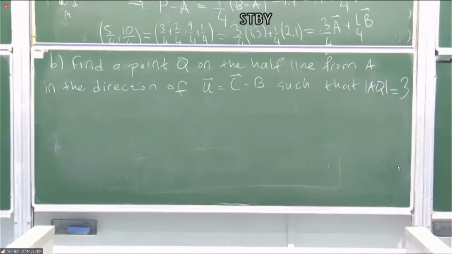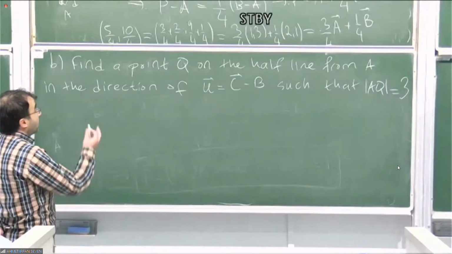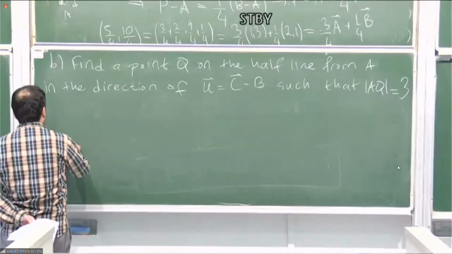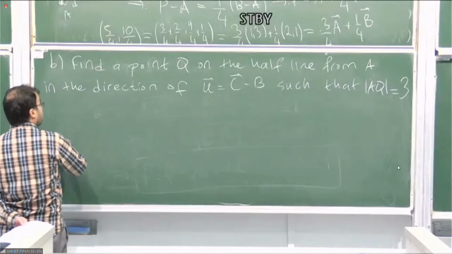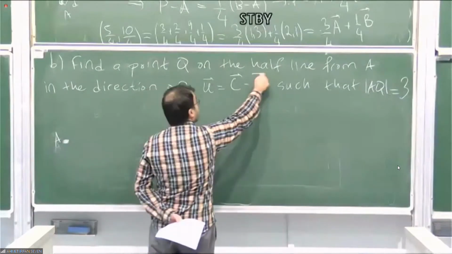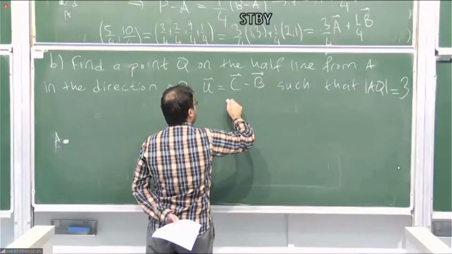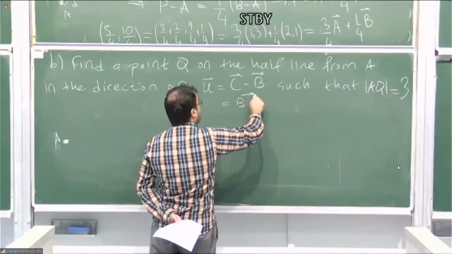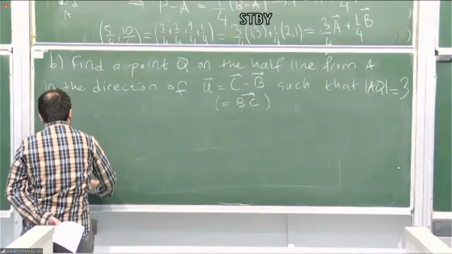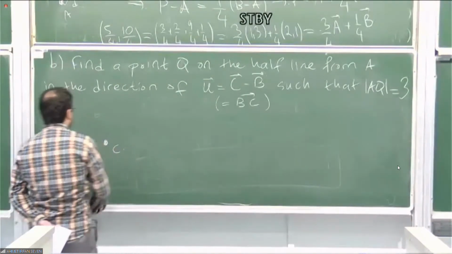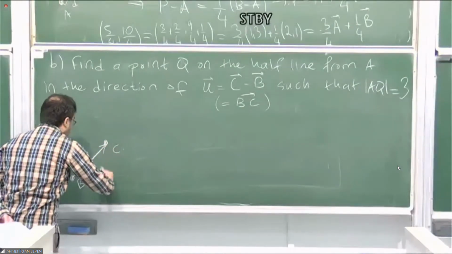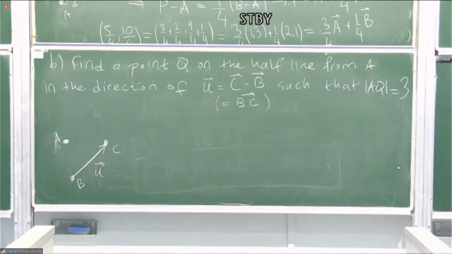Okay, again, let's draw a picture. We consider here the half line from A in the direction of U. So that is this point A. And then C minus B, this is equal to BC. There is also this point B, this point C generally. And then C minus B is called U, another name.